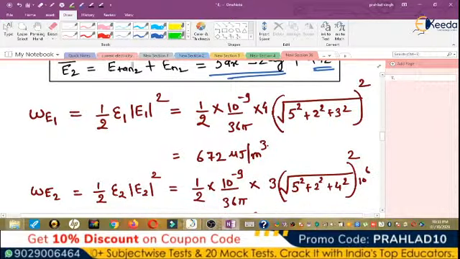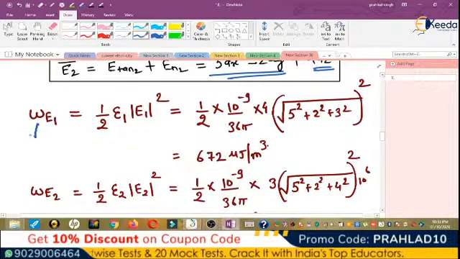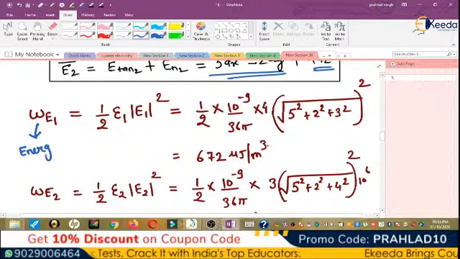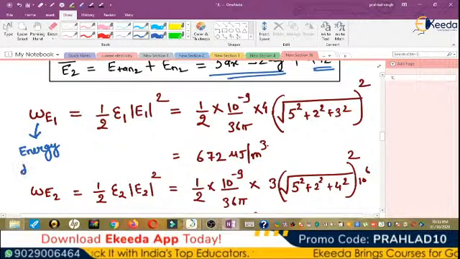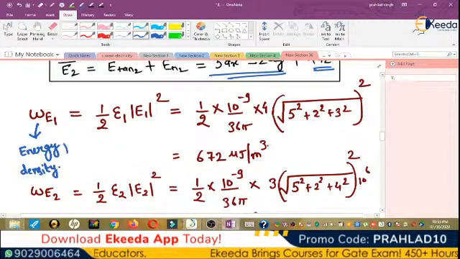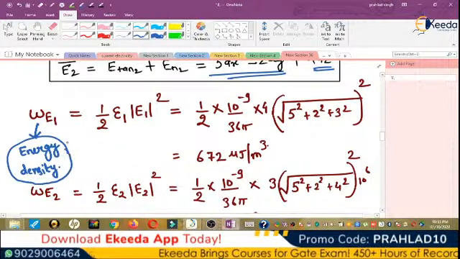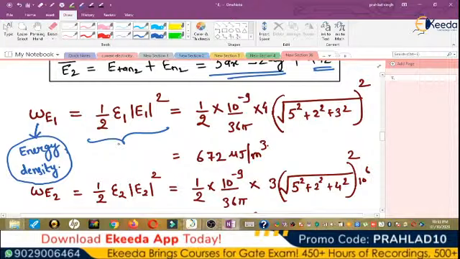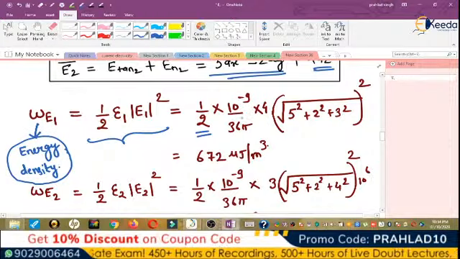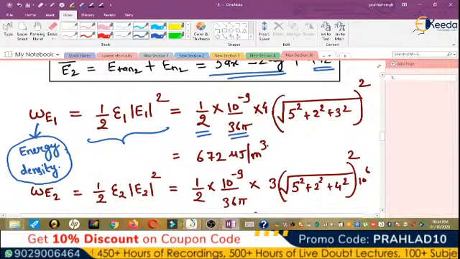Now we are asked to find the energy density. So energy density is 1 by 2 epsilon 1 mod of E1 square. It is 1 by 2 into 10 to the power minus 9 by 36 pi into E1 square.